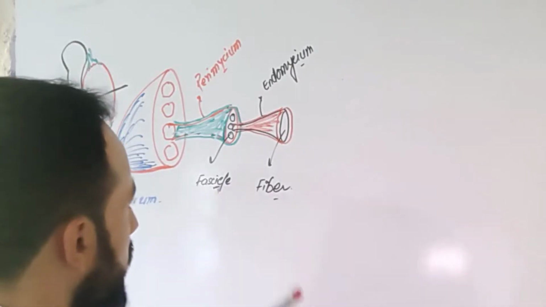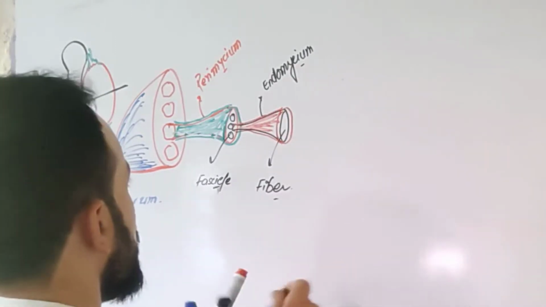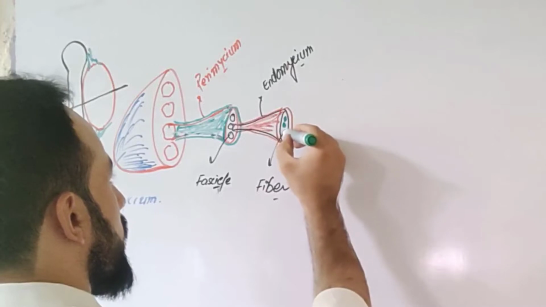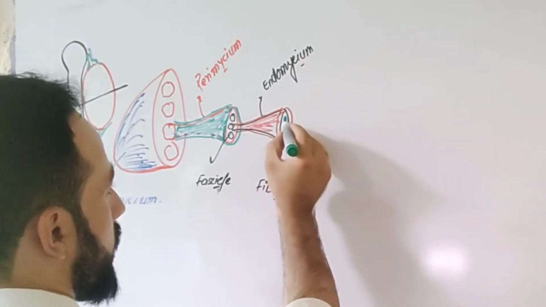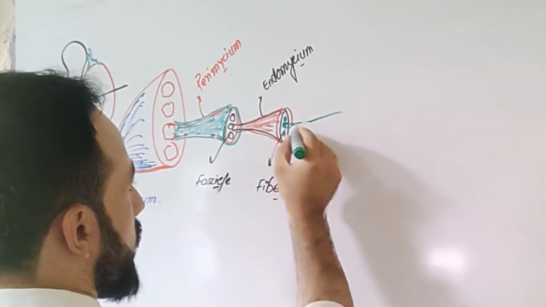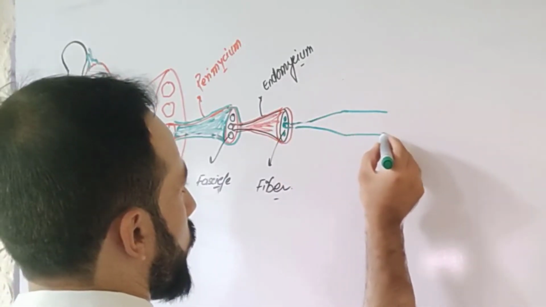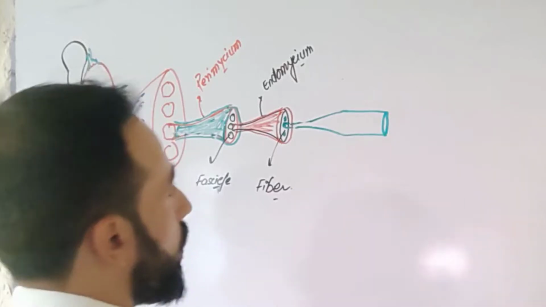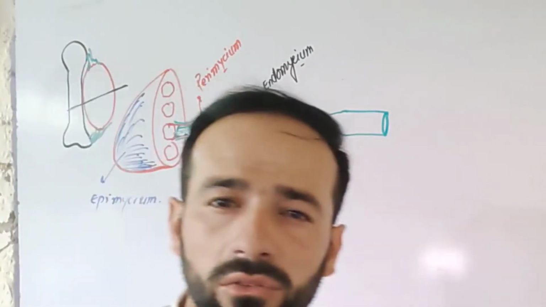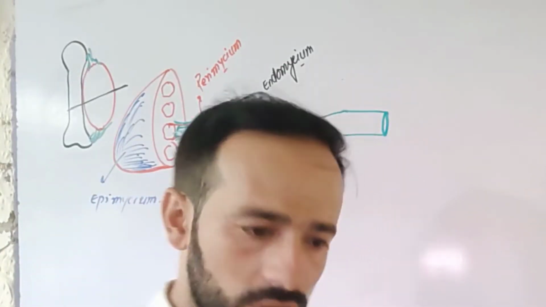Inside this muscle fiber there are lots of muscle fibrils, right? This is a muscle fibril, and if we take one muscle fibril out, we will see that it is composed of millions and trillions of actin and myosin filaments.